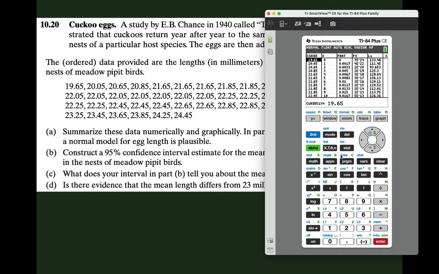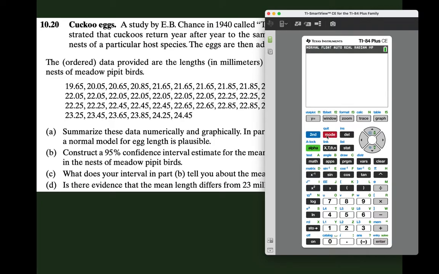And keep in mind, one of the assumptions for using a normal distribution to create such a confidence interval, or a t-distribution in this case, which we'll talk about when we get to part B, is the assumption of normality. So the main purpose here, I think, is to look at whether the sample mean and the sample median are about the same number.